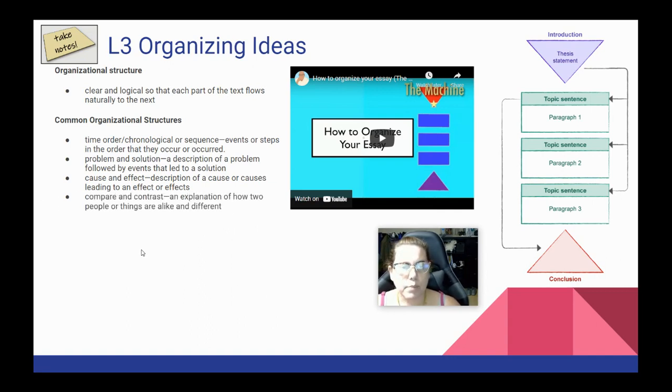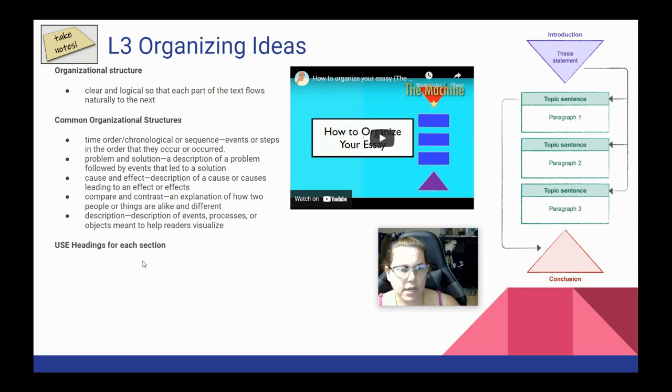And then there would be a compare and contrast, and that's an explanation of how two things are alike or different. All right, and then there would be a description, and a description of events, processes, or objects meant to help the reader to visualize. So you can organize your essays in various different ways.